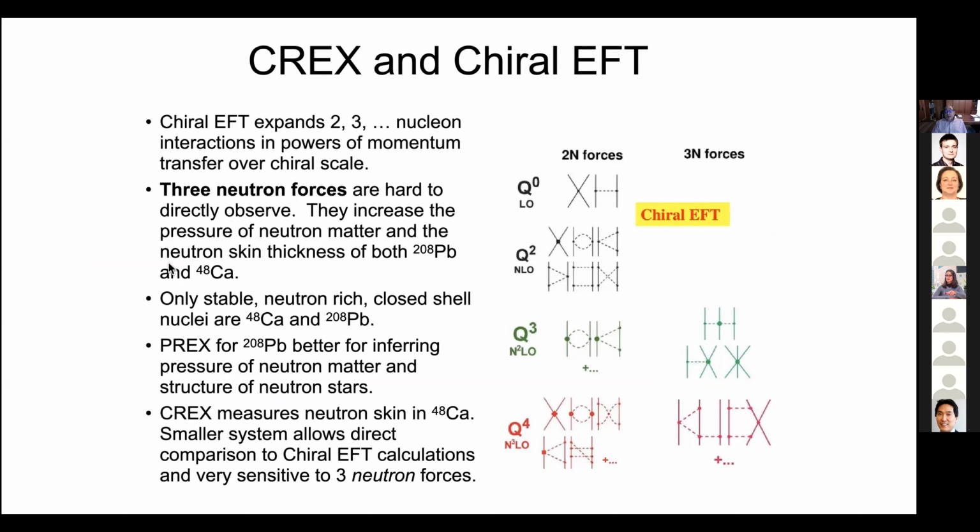If you'd like to do an experiment on a stable, neutron-rich, closed shell nucleus, you basically have two choices, lead-208 and calcium-48. So CREX measures the neutron skin in calcium-48, and this smaller system allows a more direct comparison to microscopic chiral effective field theory calculations of the neutron density in the neutron skin directly in calcium-48. And again, these are sensitive to 3 neutron forces.